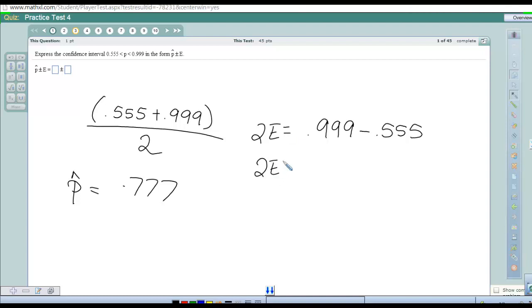So 2e equals 0.444, or e equals 0.222. Questions about how we're able to look at a confidence interval and determine what the point estimate is or what the margin of error is? Okay, very good.